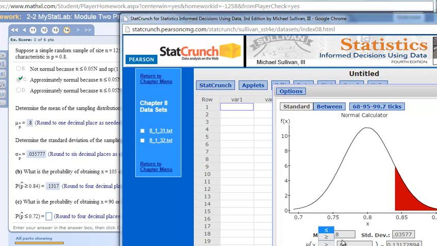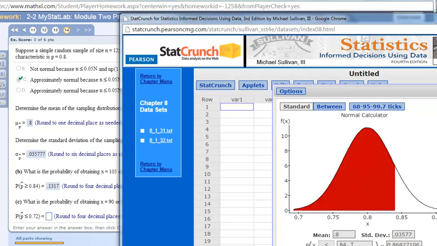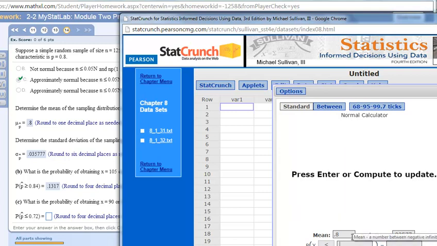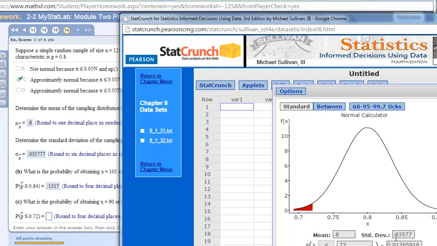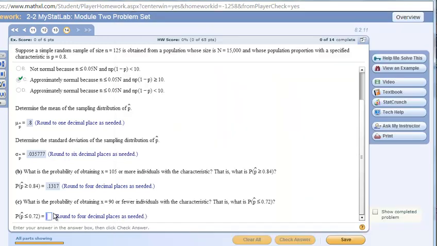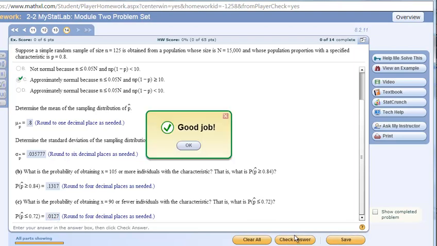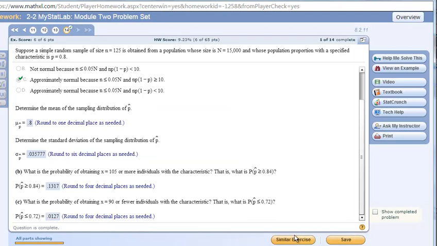The only thing we have to change here is 0.72 from 0.84. And then I'm coming up with this, and I need 4 decimals, so 0.0127. Okay, and then we check it. All right. And that is it.